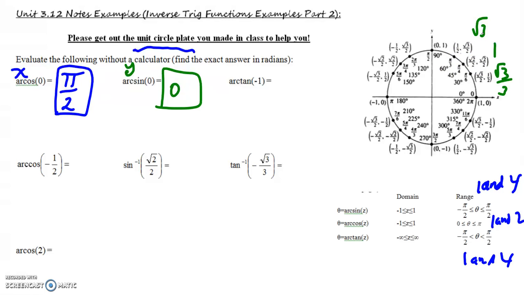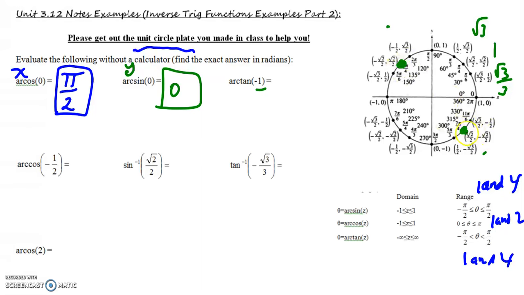So I know that tangent is negative in quadrants 2 and 4. And I know that the ratio of 1 for tangent is at a pi over 4 angle. So right now, I'm thinking, what angle has the ratio negative 1? Well, here, the ratio would be negative 1 because tangent's negative. And here, the ratio would be negative 1 because negative root 2 over 2 divided by positive root 2 over 2 is negative 1.